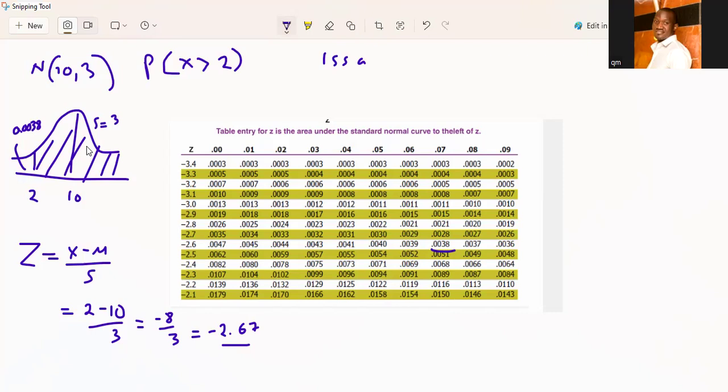So the shaded region is big, so we subtract from 1 this small region here. So 1 minus 0.0038 to get 0.9962. So this big area here is 99.62%.